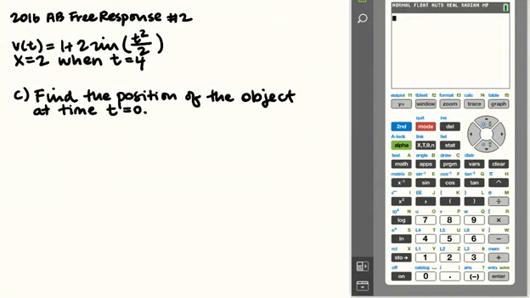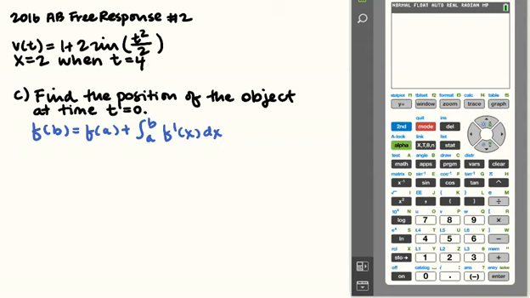Part C asks you to find the position of the object at time t equals 0. Well, okay, x of 0 is going to be x of 4. But wait a second, it's kind of backwards. My advice in this situation is to just live with the formula we know. We know the fundamental theorem of calculus: f of b equals f of a plus the integral from a to b of f prime of x dx.